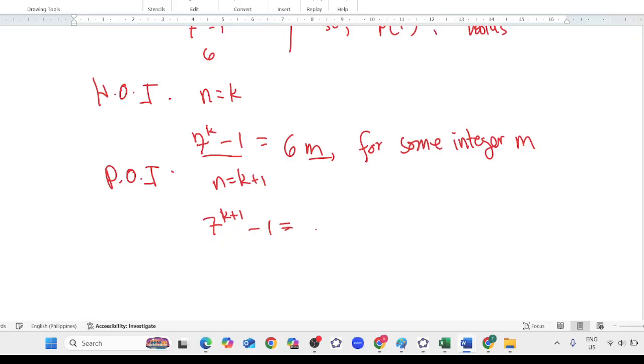So this one must be equal to 7^k times 7 minus 1.